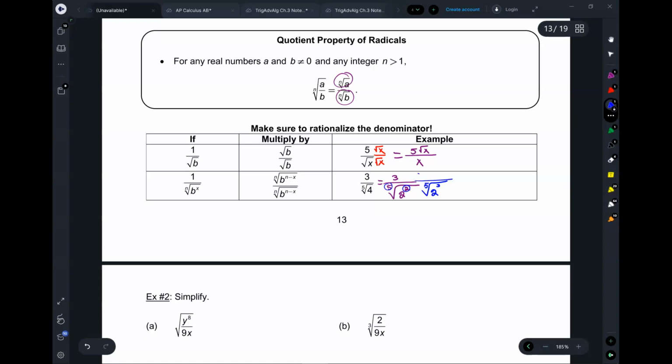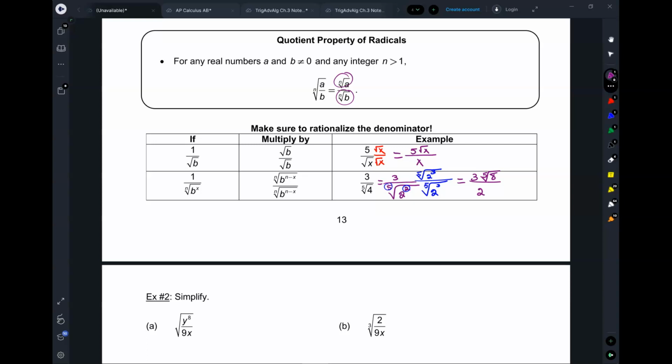So we multiply by the 5th root of 2 to the power of 3. In the numerator, that will be 3 times the 5th root of 8, over just 2.